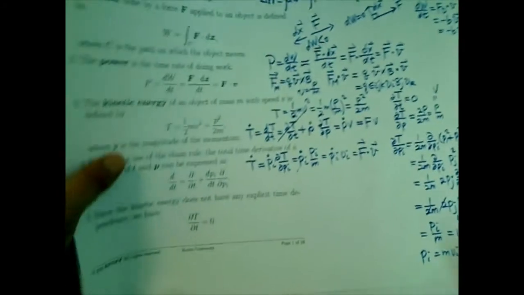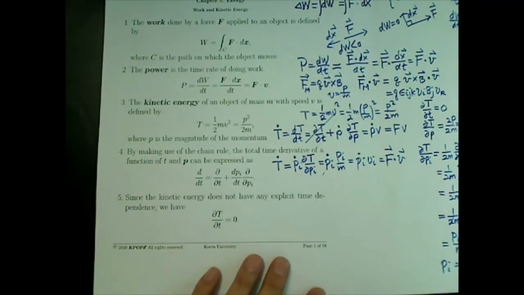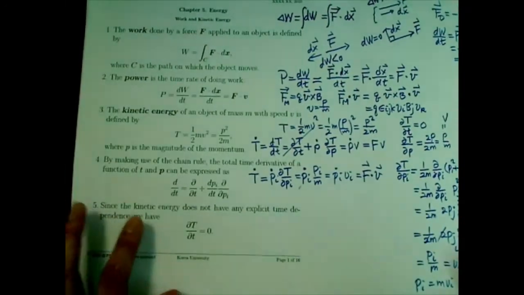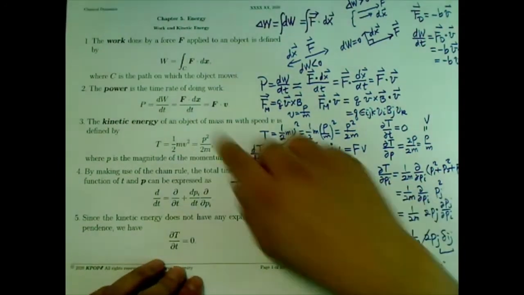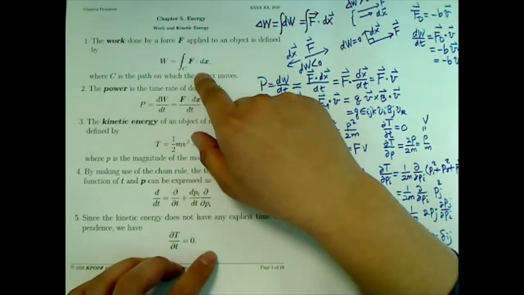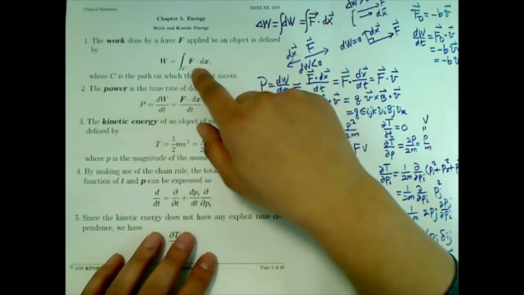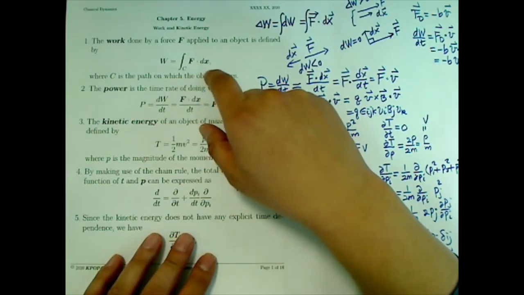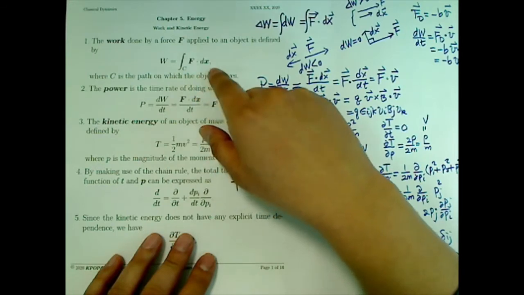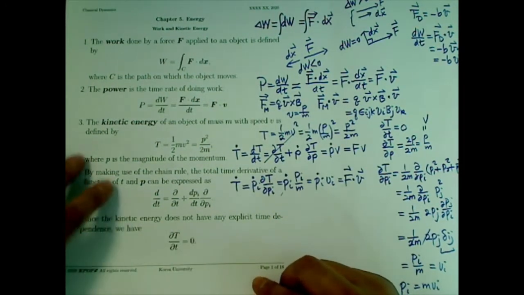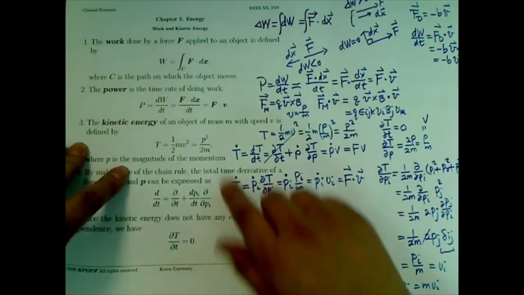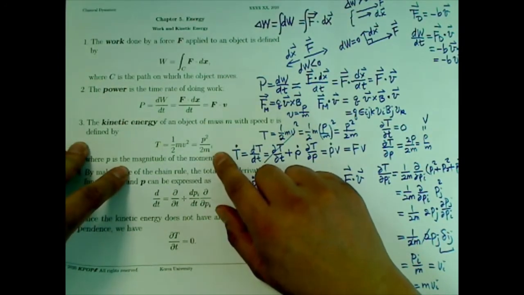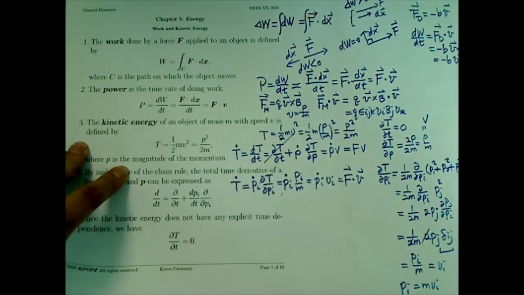Let us review what we learned today. The work is defined by the displacement integral for the force, the scalar product of force and displacement. The time rate of work was defined to be the power, and kinetic energy is the explicit energy of a particle.